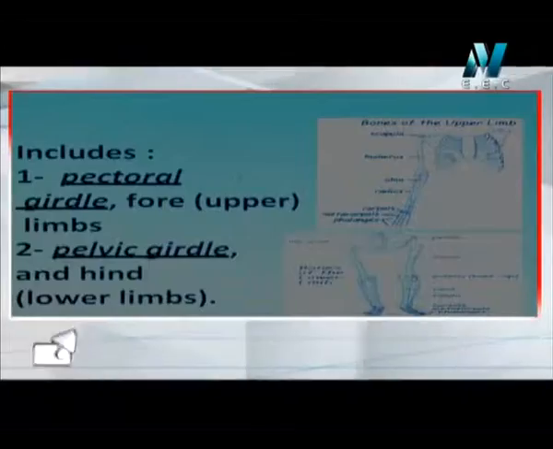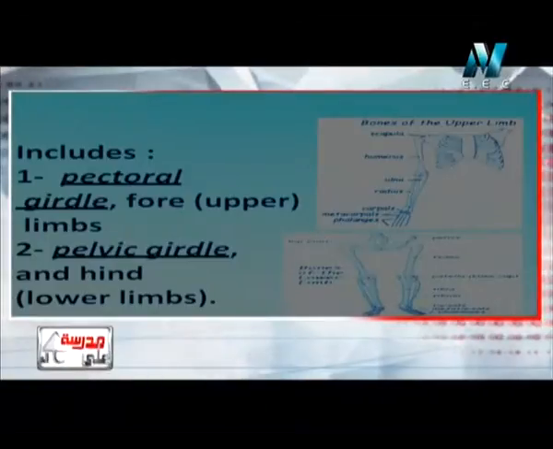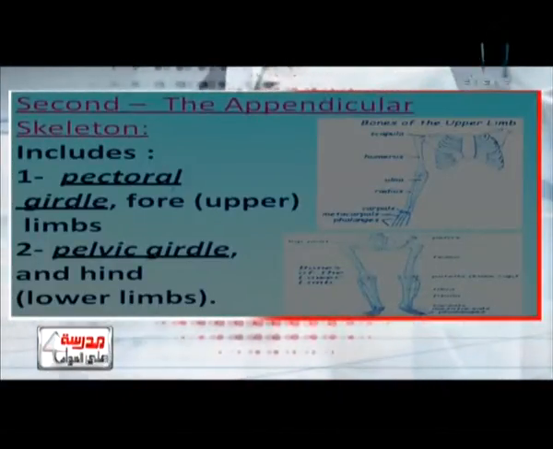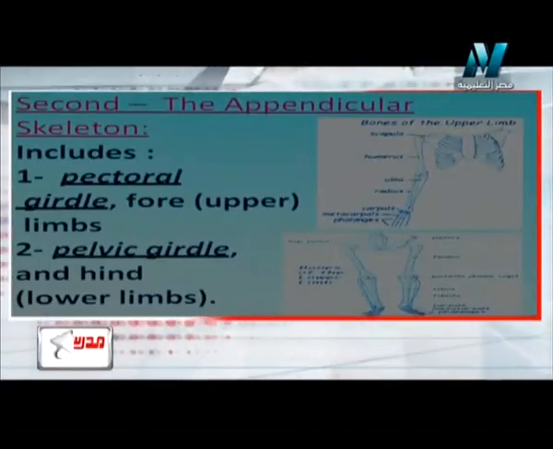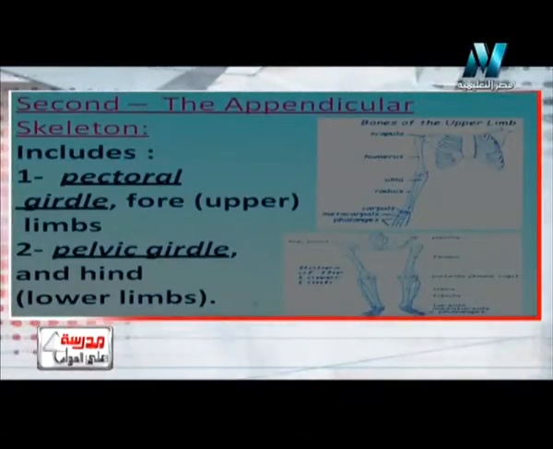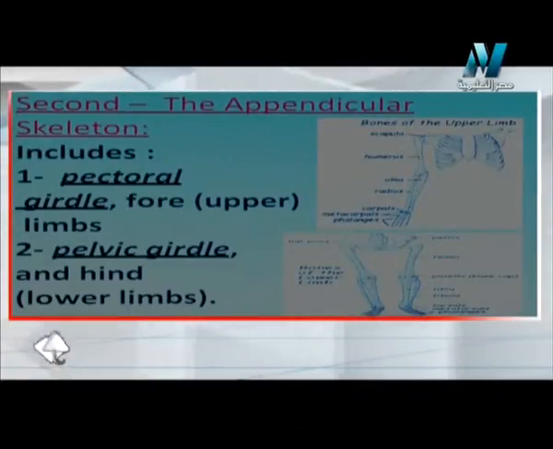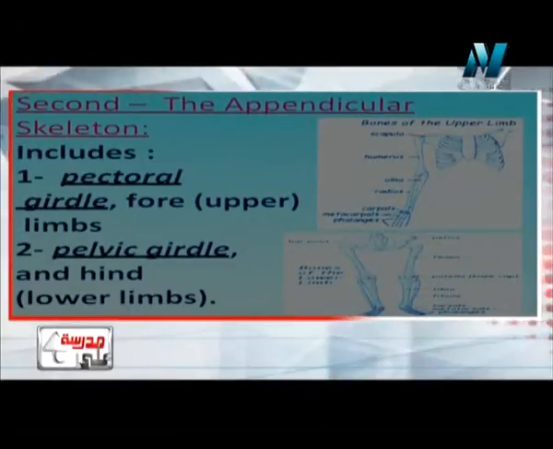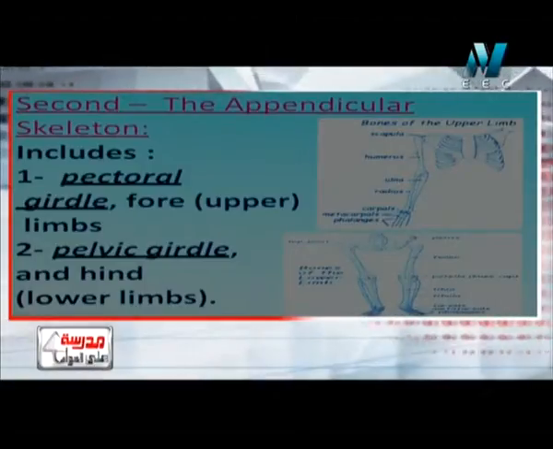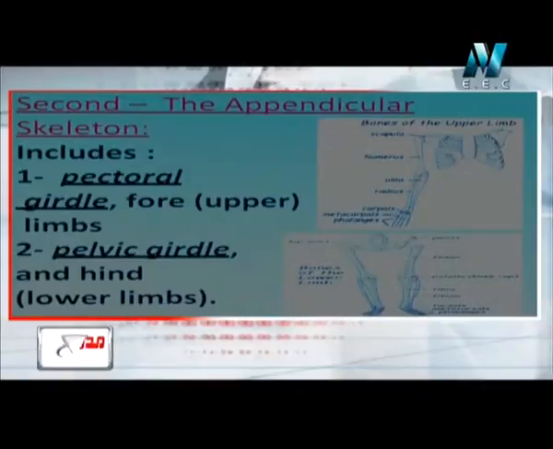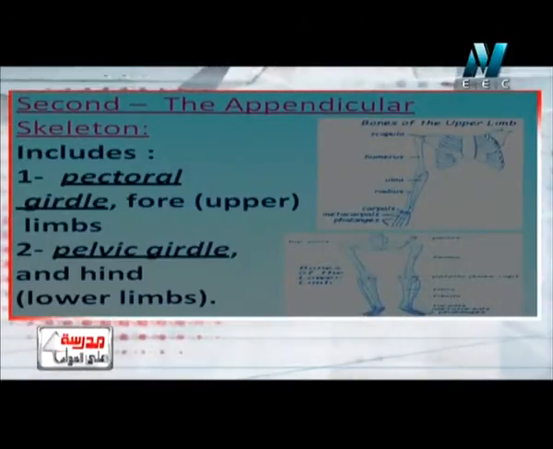Bones of the pectoral girdle. The appendicular skeleton includes the pectoral girdle for the upper limbs, and the pelvic girdle with the hind limbs or lower limbs. This is the pectoral girdle found in the upper part: this is the scapula, this is the clavicle, and the bones of the upper limbs.